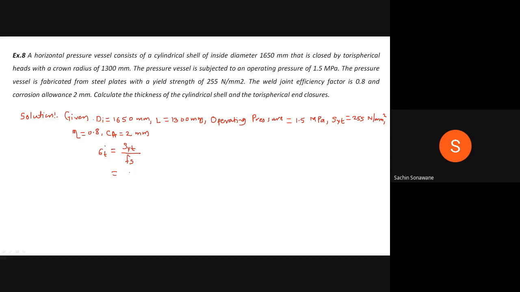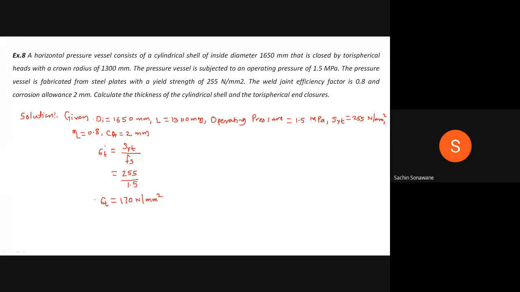Therefore, Syt means 255 divided by 1.5, which is equal to 170 Newton per mm square.